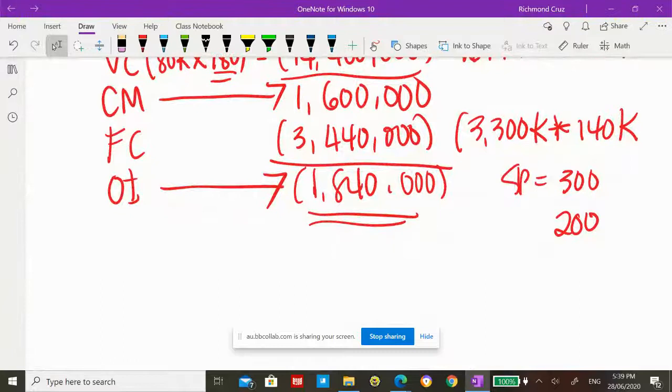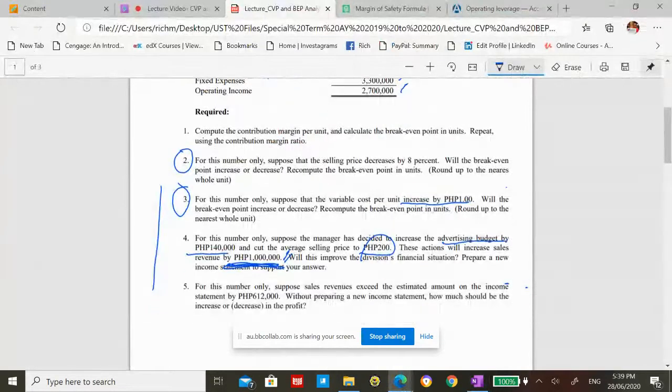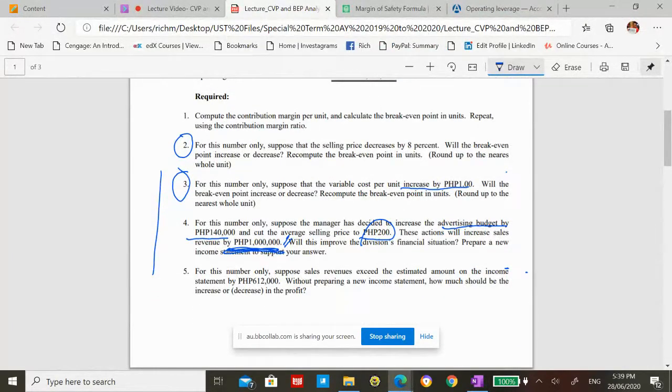So, it means it's not good to invest in advertising expense of 140,000 and decrease the average selling price to 200.